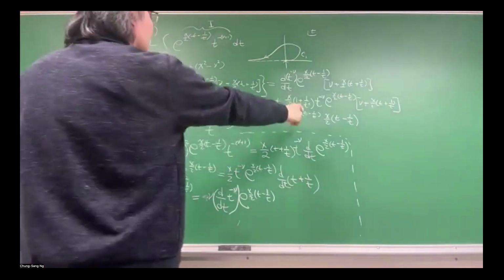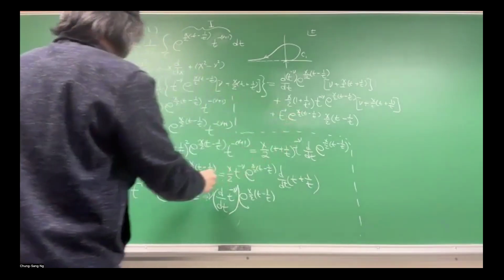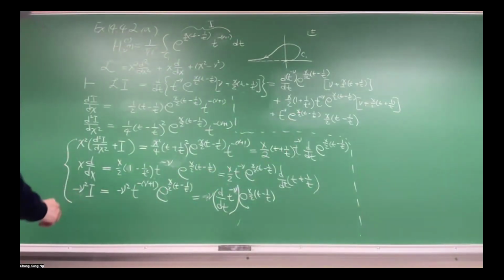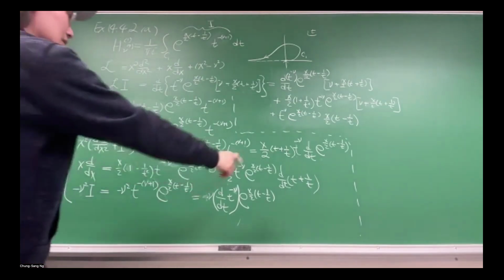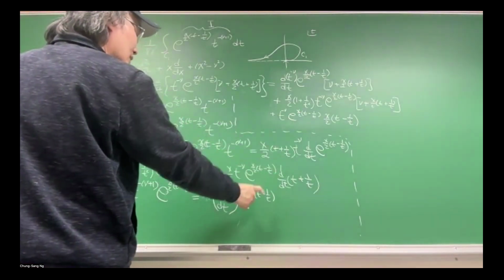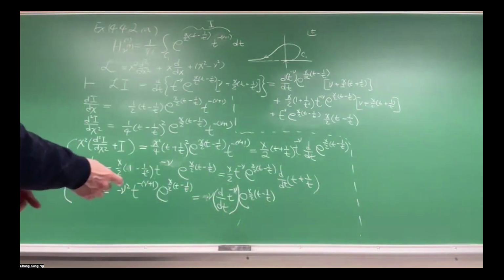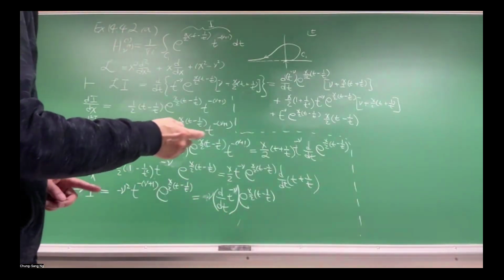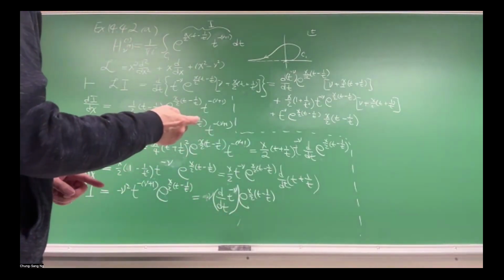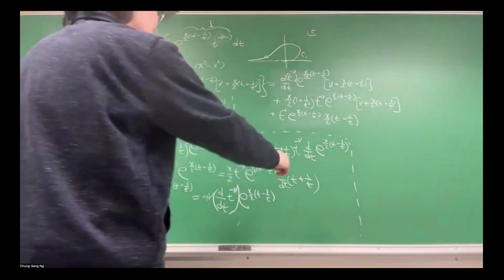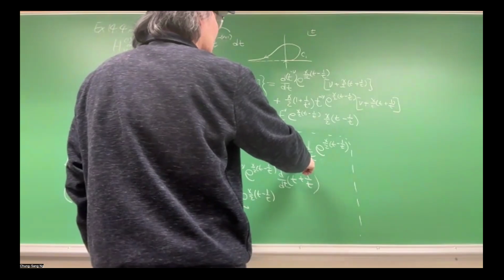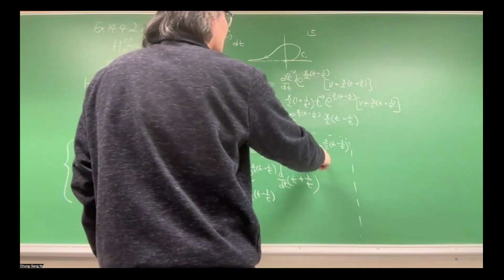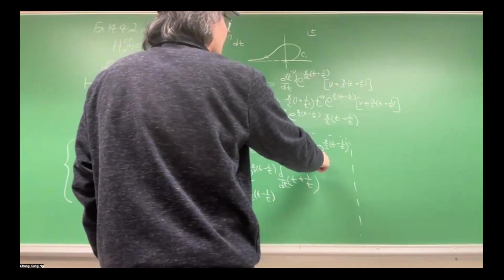So this is the right-hand side. Combining all three is the left-hand side, right? It is plus that is the left-hand side. And now we see we have cancellation, right? The first term here, we'll take the derivative of that one.